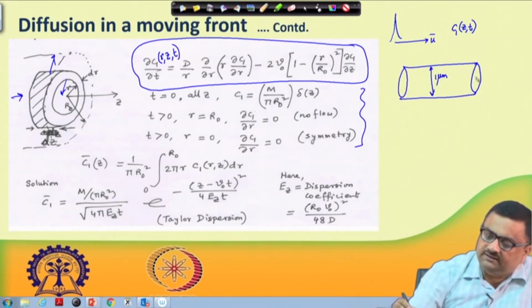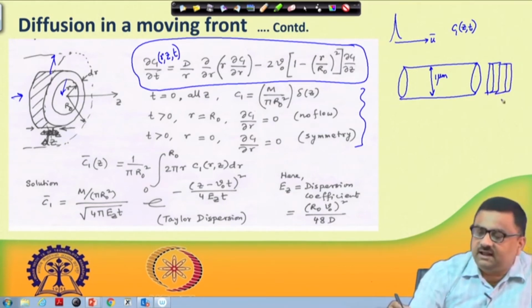So I am collecting this fluid and getting slices. These slices are all well mixed, because I am collecting them in a cup. One cup for this, another cup for this, another for this.